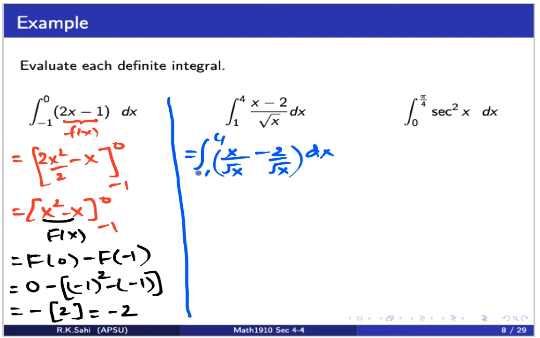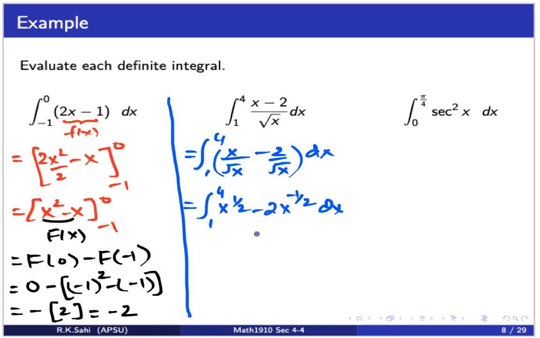Then clean it up using just your simple exponent rules. This is the integral from 1 to 4, and this will be x to the power half. Remember, x to the power 1, and then you take this on the top. 1 minus half is x to the power minus half, minus 2 x to the power minus half dx.